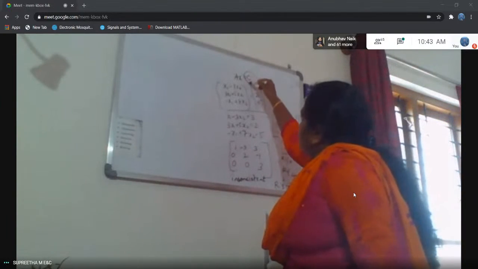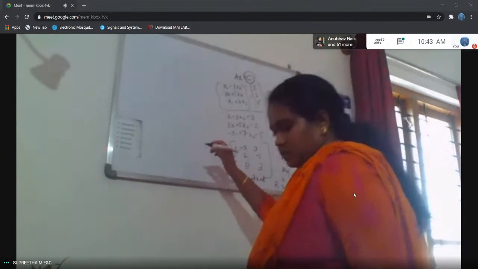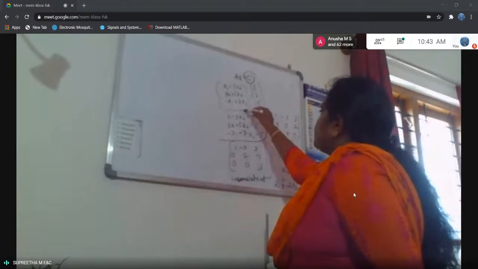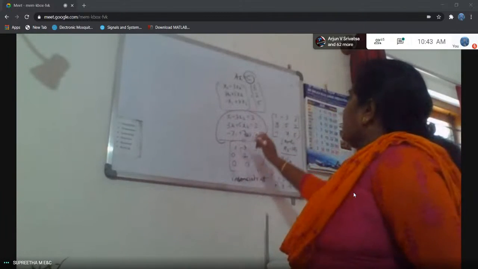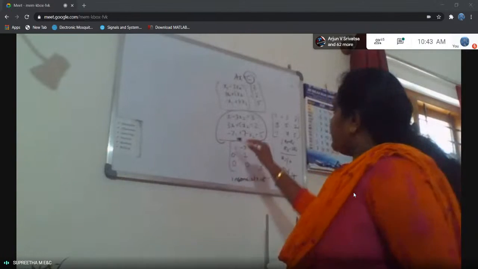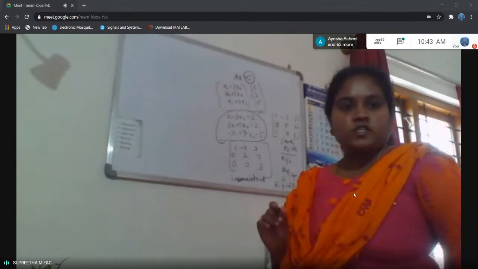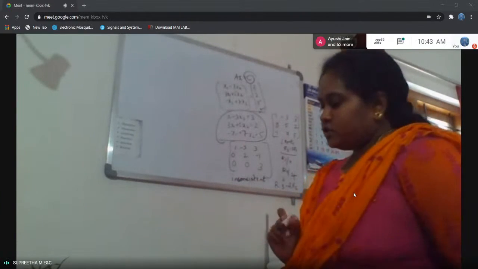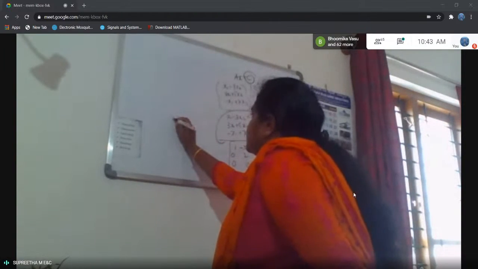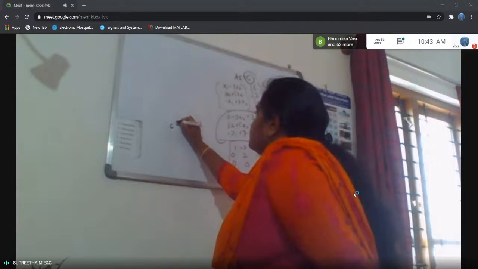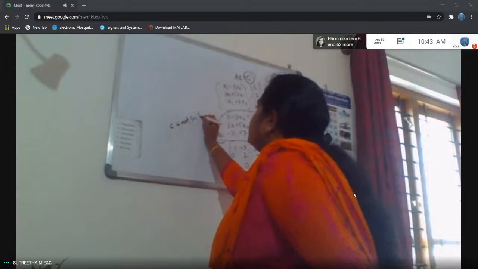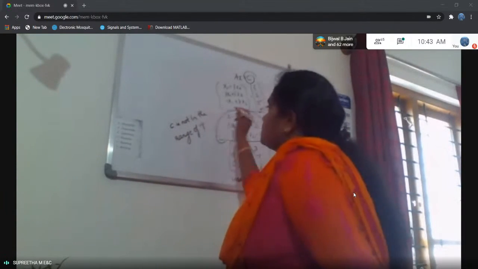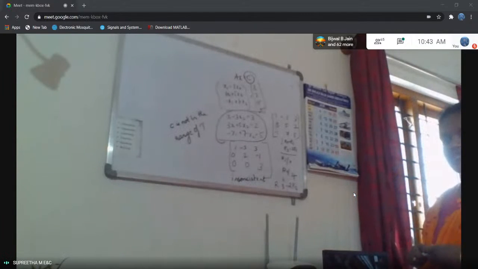So since the system is inconsistent, that is, there is no x values such that when I multiply it with the matrix A, I get the C value. So I say now, since it is inconsistent, C is not in the range of the transformation.